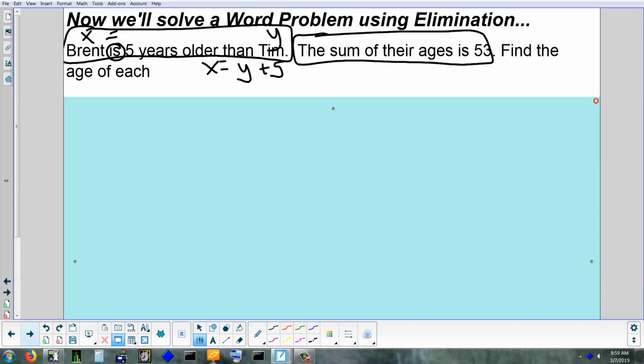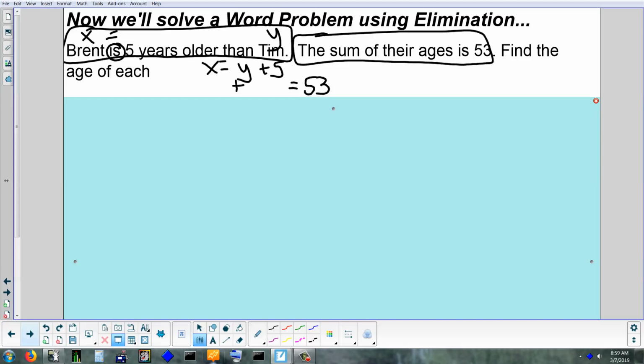Now, the sum of their ages. Sum means what math operation? Addition. So I know I'm going to need a plus sign. What does "is" mean again? Ellie already told us. Equals. I'm going to leave a little space and put an equal sign. Equals what number? 53. What's going to go on either side of the plus sign? Joe?